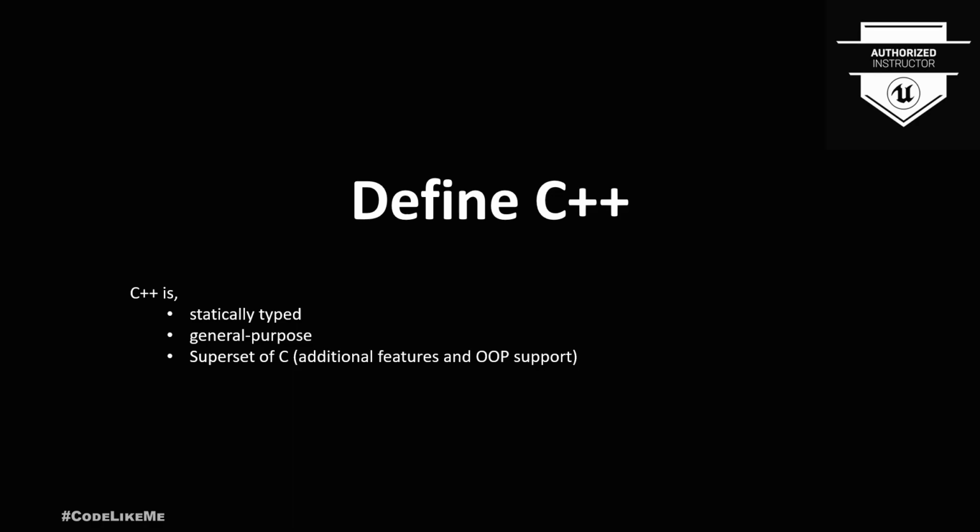Statically typed means when you define a variable with a data type, that type is constant throughout the program. So if you define a variable, let's say int a, then a is going to be an integer throughout the program in that scope, unless you have defined something with the name a in a different scope.